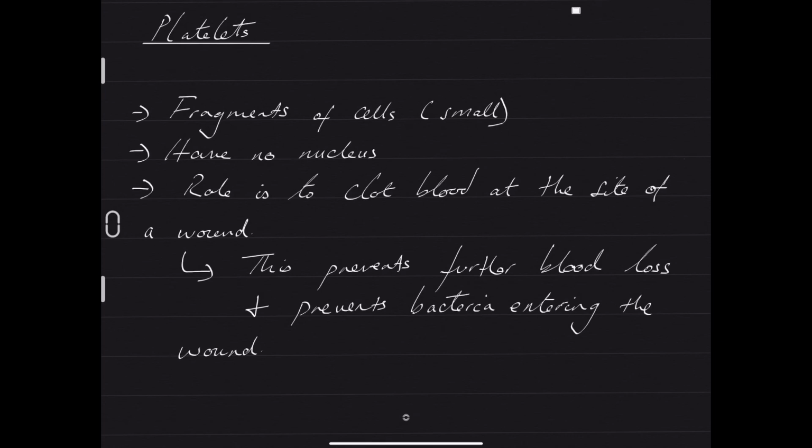So the way that platelets are able to do this, there is a mechanism involved, and for your exam, you will have to know how these platelets are able to clot a wound, or let's say damage to the body where blood is exposed.